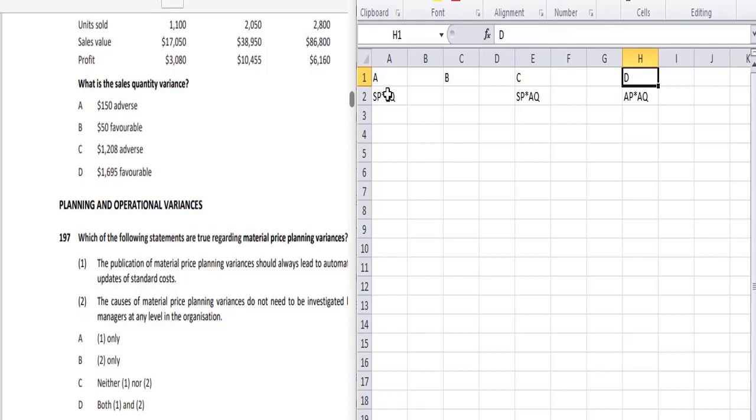D will be here, and I will add one more later on.